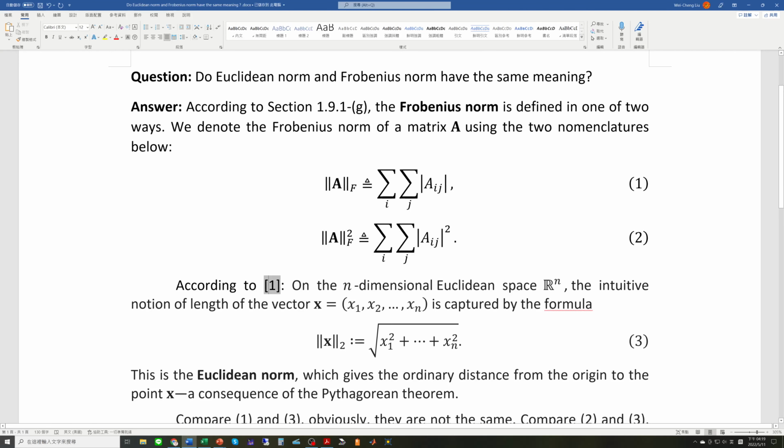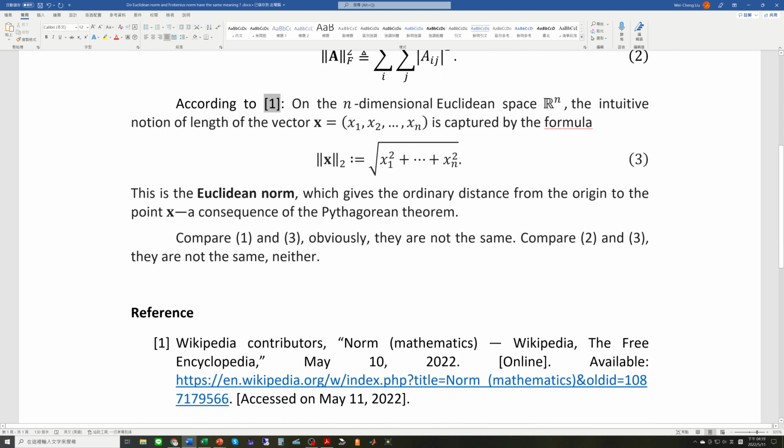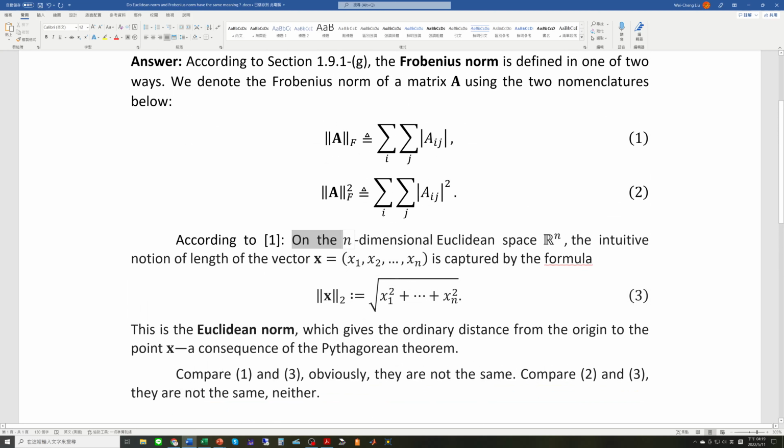Then according to reference 1, which is the norm (mathematics) item of Wikipedia, the free encyclopedia: on the n-dimensional Euclidean space R to the power of n, the intuitive notion of length of the vector x, which is equal to x1, x2 to xn, is captured by the formula.